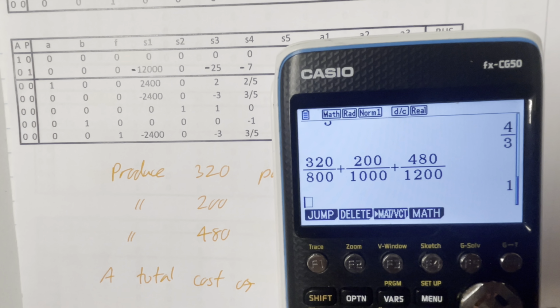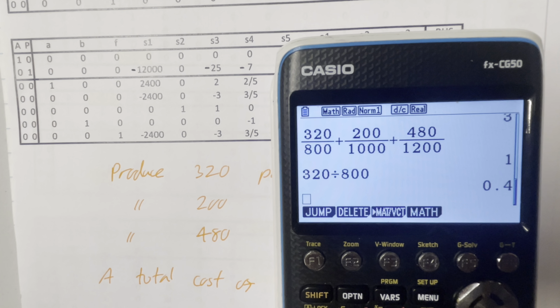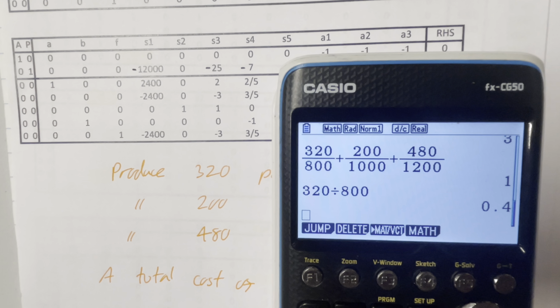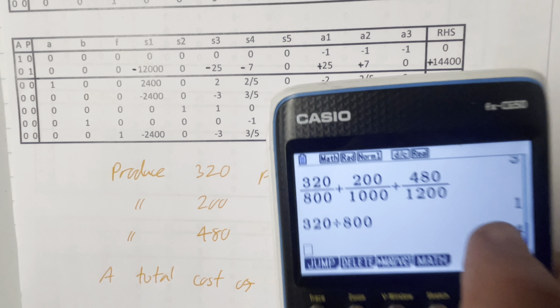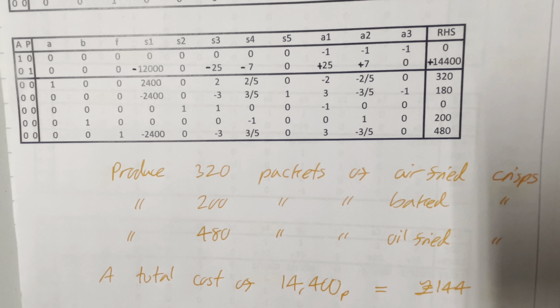Okay, so that's the number 1. That means that all the potatoes are used. And 320 divided by 800, that means 40% of the potatoes are used for the air-fried crisps, 20% of the potatoes are used for the baked crisps, and that would leave 40% of the potatoes used for the oil-fried crisps.